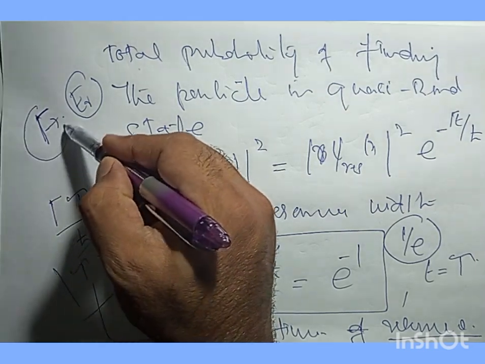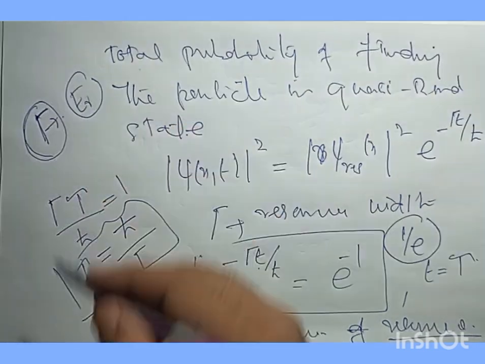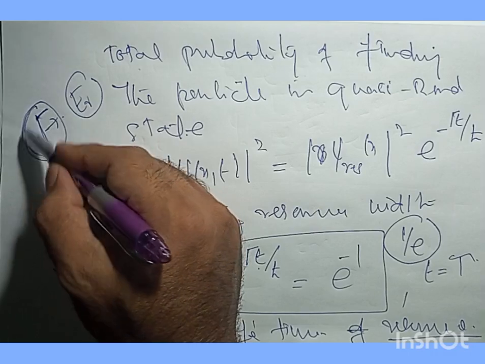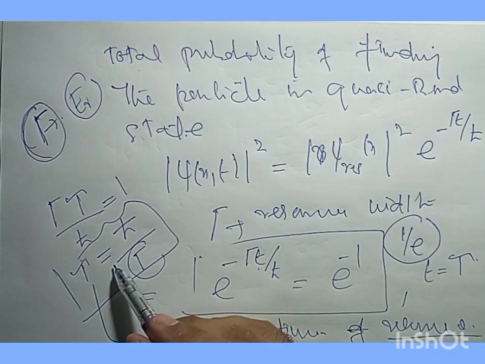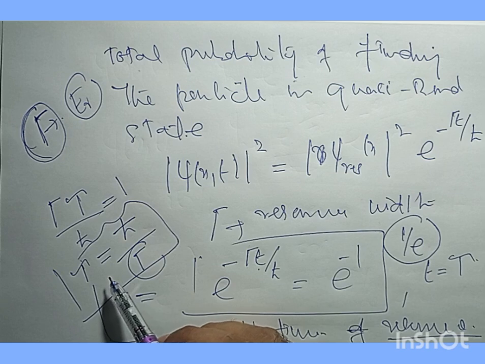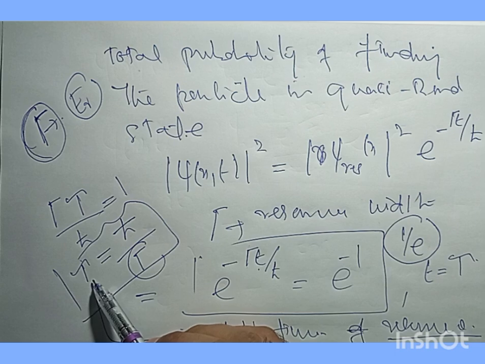If this resonance width is small, then what does that mean from this equation point of view? It implies a long-lived state, and a long-lived state means sharp resonance.